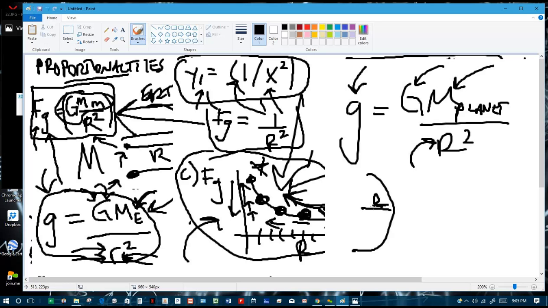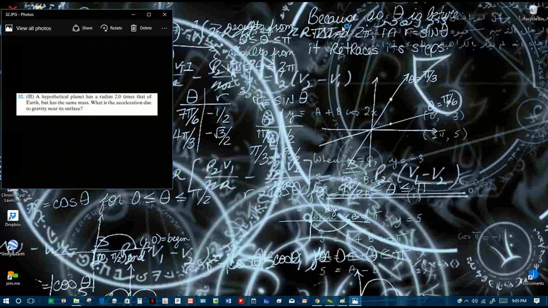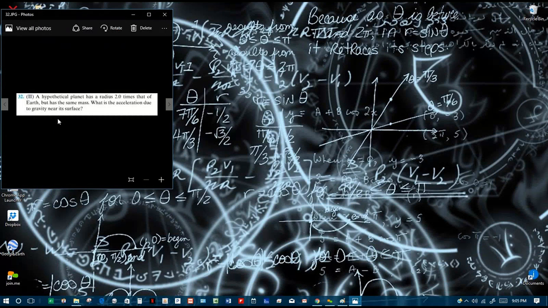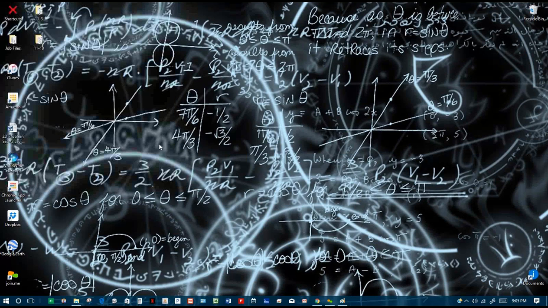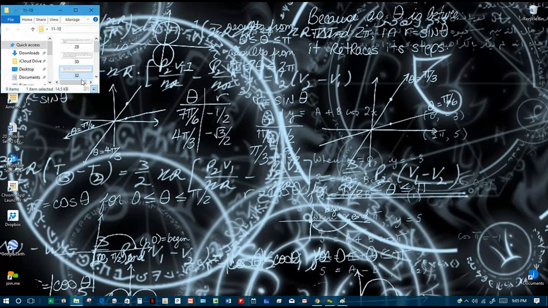You just plug it in. And what would r be? It would just be the radius of that thing, whatever it is. That will produce the surface gravity value right at the surface. So make sure you have that noted down, because you can definitely answer a number of these. Like 32, you have a reasonably good shot at.